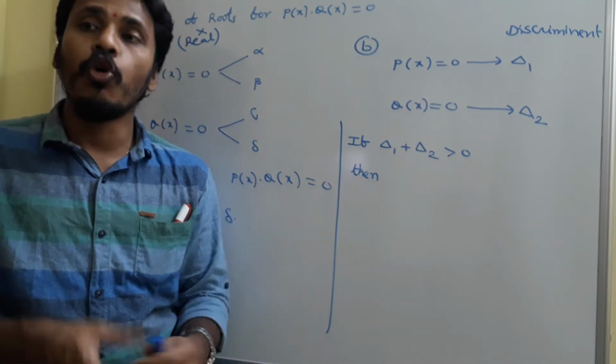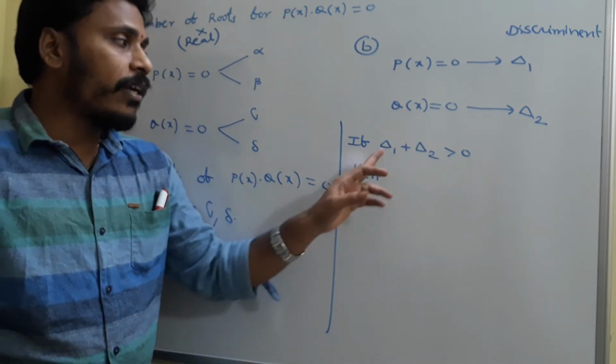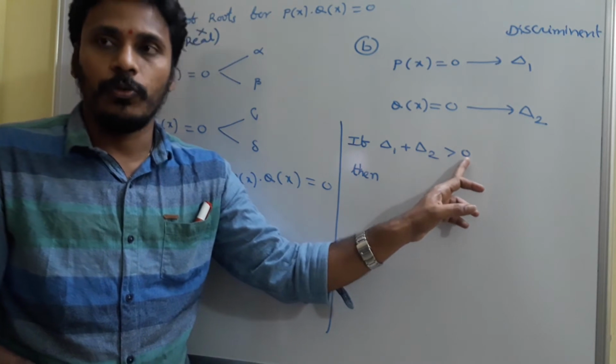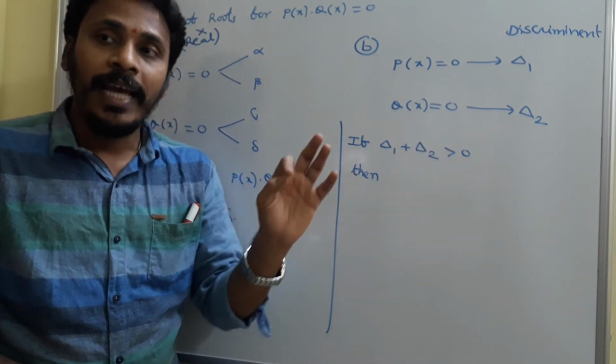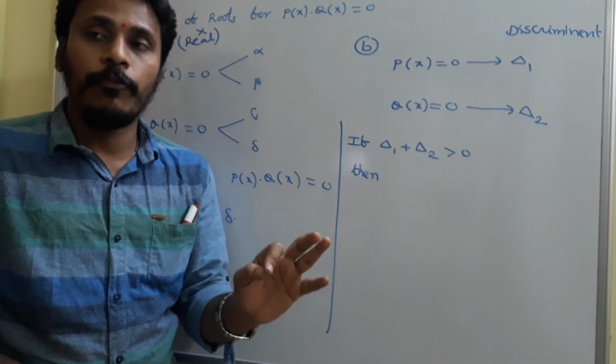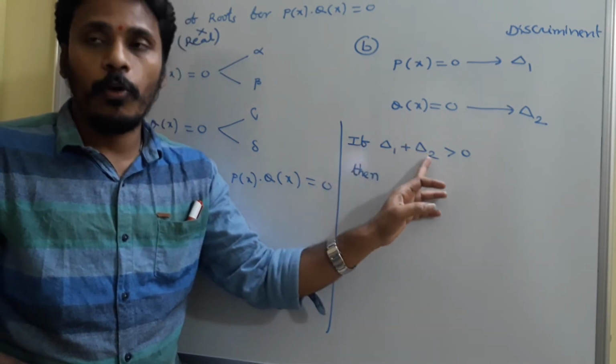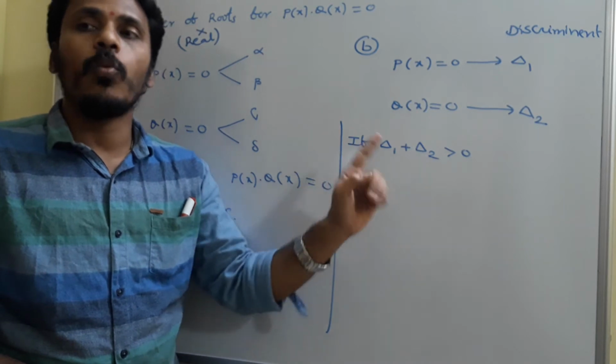Since delta 1 plus delta 2 is greater than 0, the sum of two numbers is positive. It happens only if either both are positive or at least one is positive.